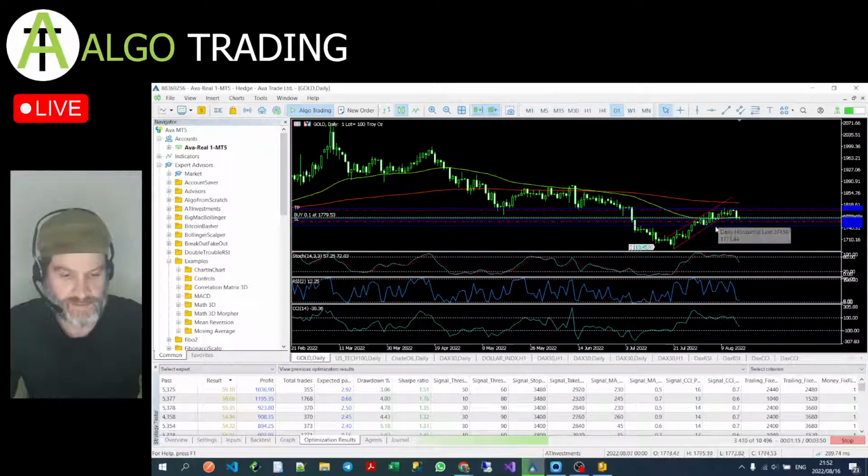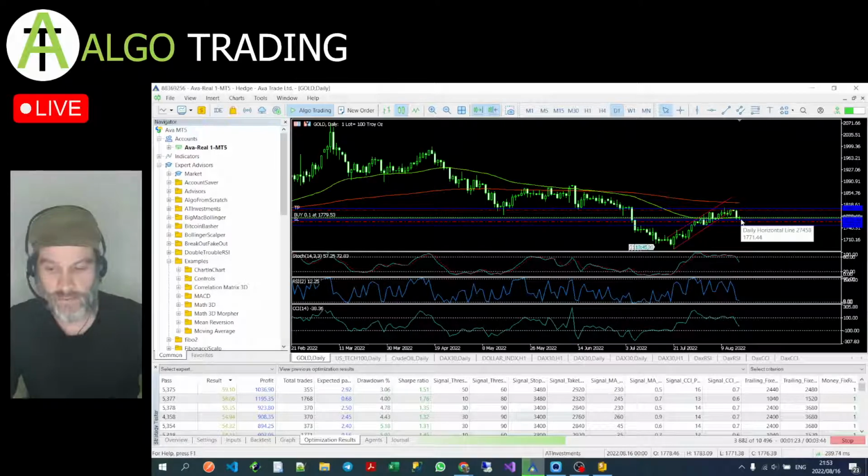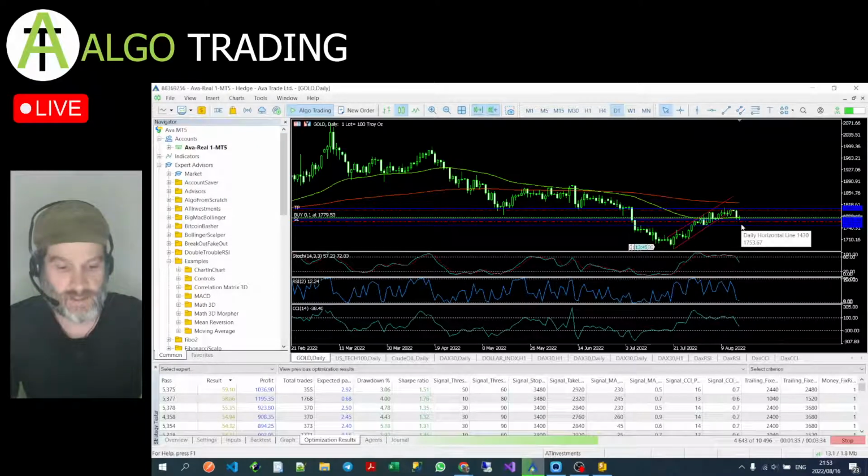It was acting as resistance, then it went above it and came back, and it's been acting as support. So I put a small trade in there with a small stop loss, but if it goes further down, this is where I'm going to go big, at the 1750 area. That's when I'm going to put a big trade in.